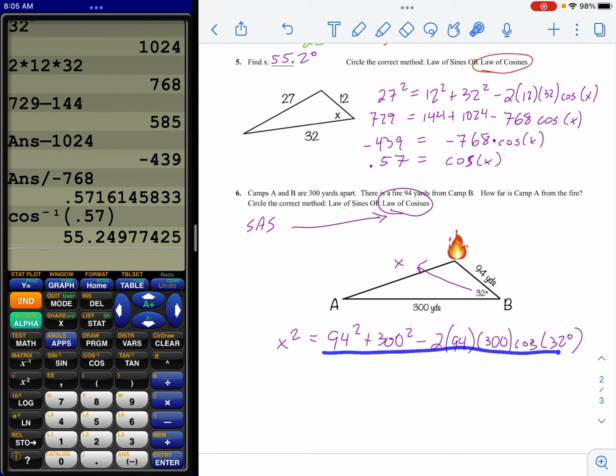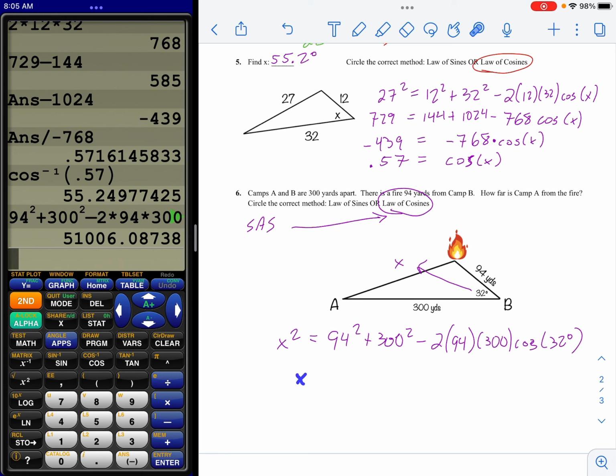This, you can just slam the whole thing in your calculator. Just be careful. Lots of room for mistakes. And one little wrong button, and your answer will be off by a little bit. Slam it all in, so I have x squared equals that large 51,006.08.